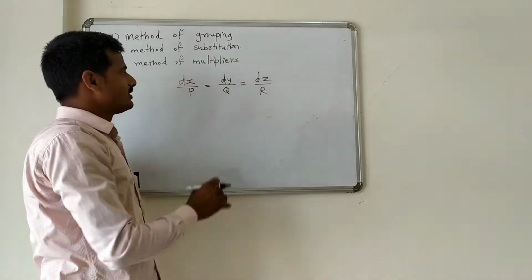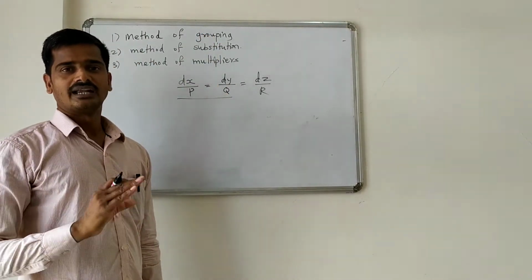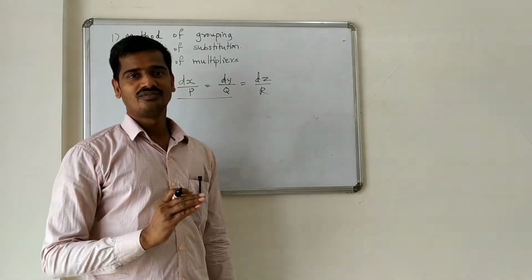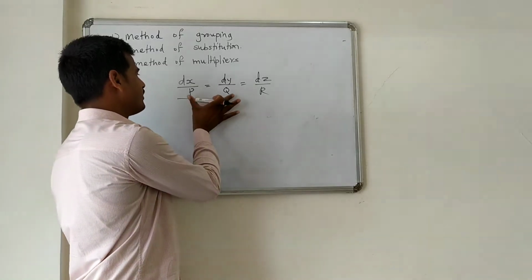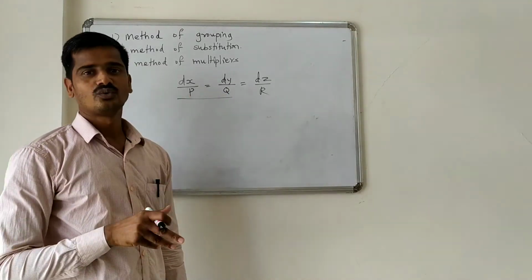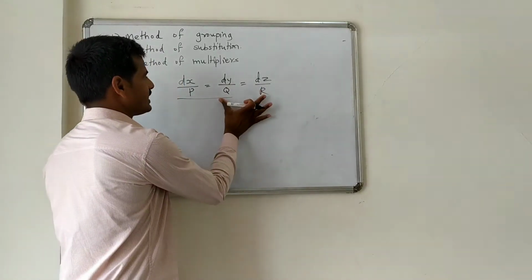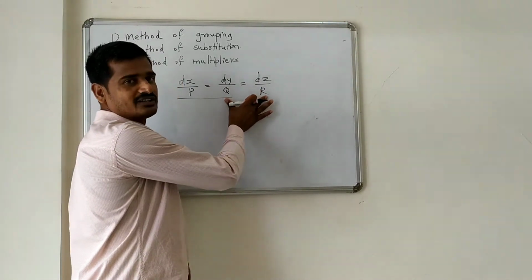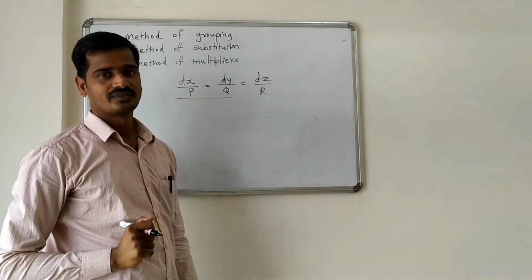If I consider the first and second ratio, and z is absent from these first two ratios, I consider the first two ratios to obtain the relation between x and y. Or it may happen that from the second and third ratio x is missing. This is called the method of grouping.